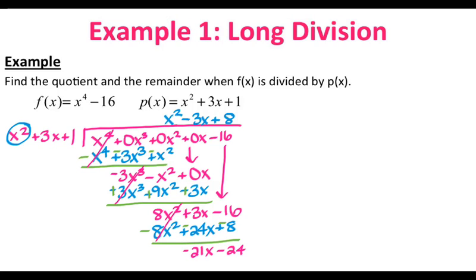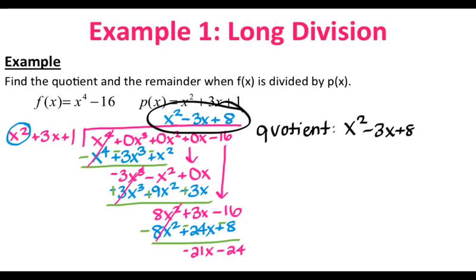Okay, so your final answer, you're going to write out the quotient and the remainder. So your quotient is what is sitting on top of your division bar. So that's the x squared minus 3x plus 8.